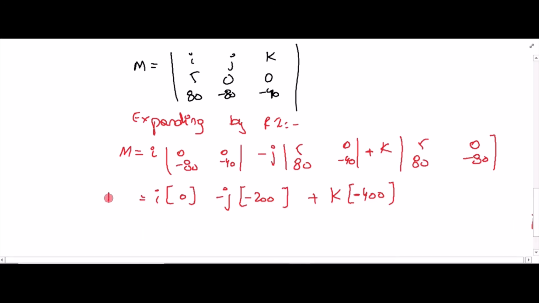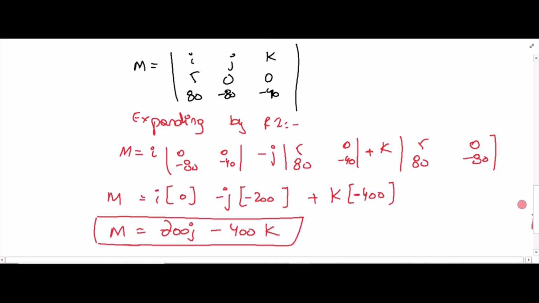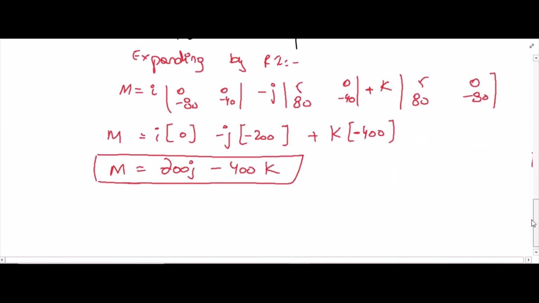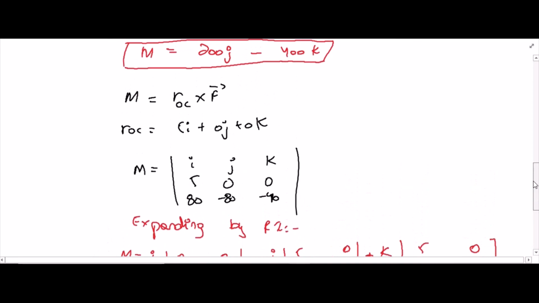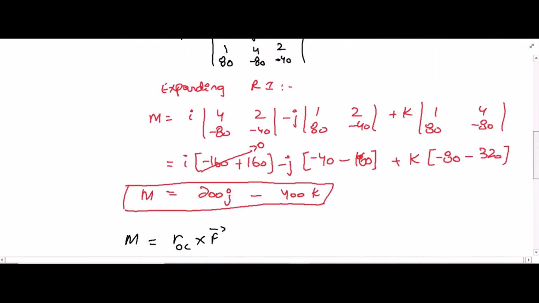Again from here we have the moment equal to 200j minus 400k. So the answer is the same. Either you use R_OB or R_OC as the moment arm.